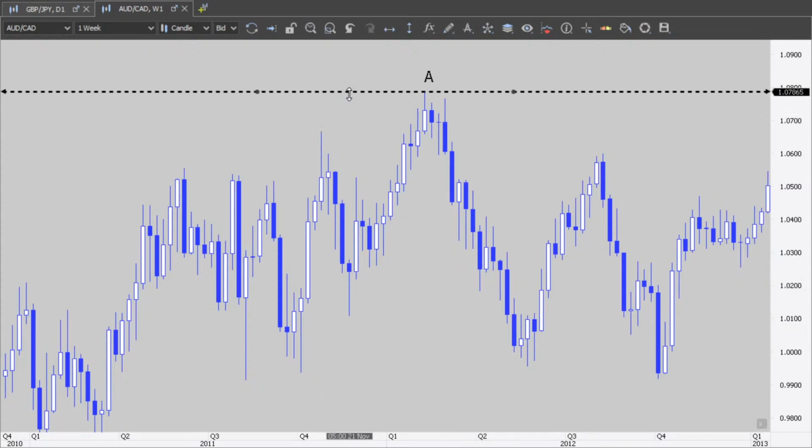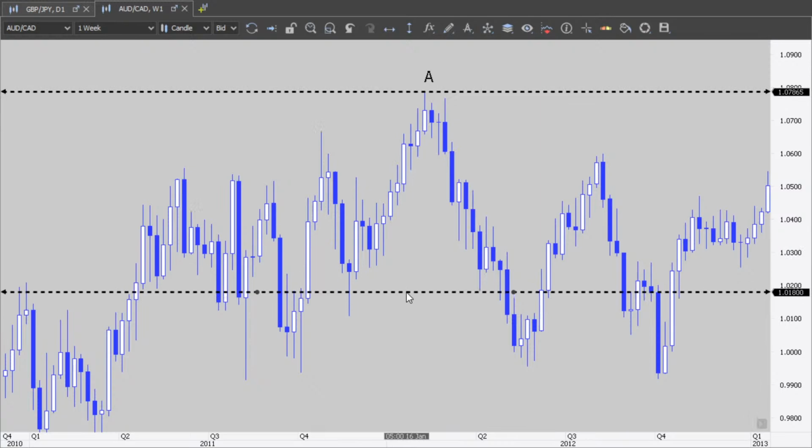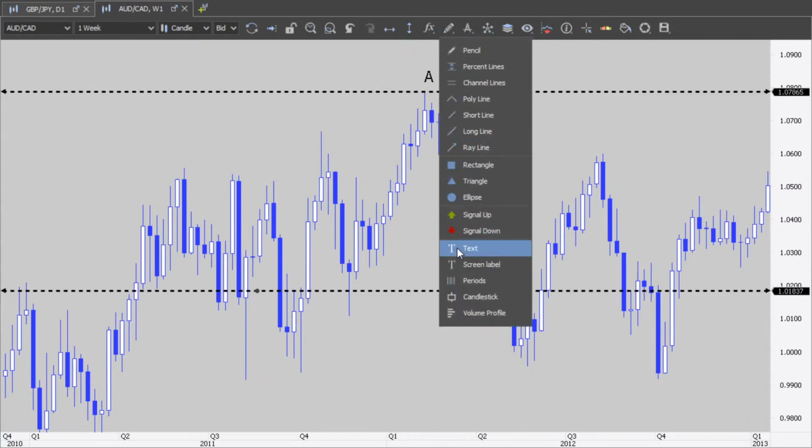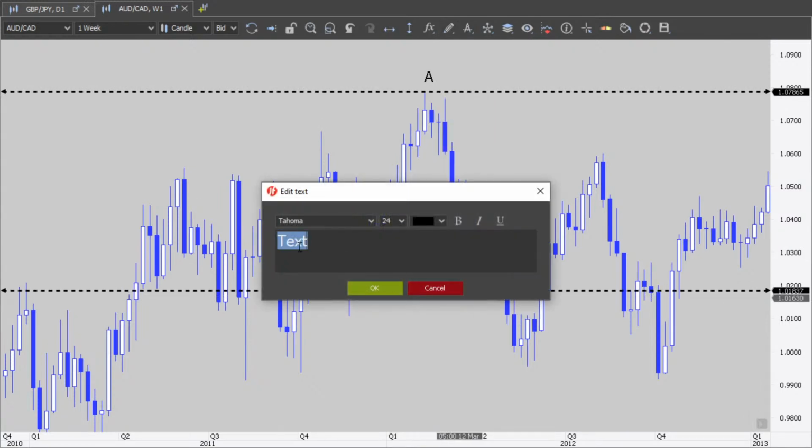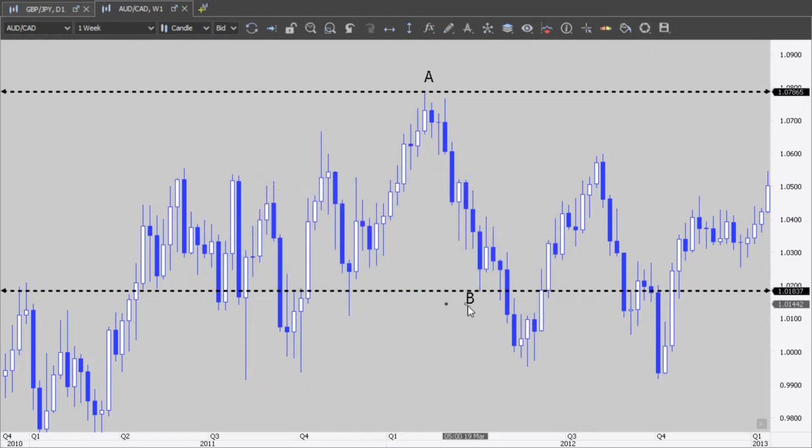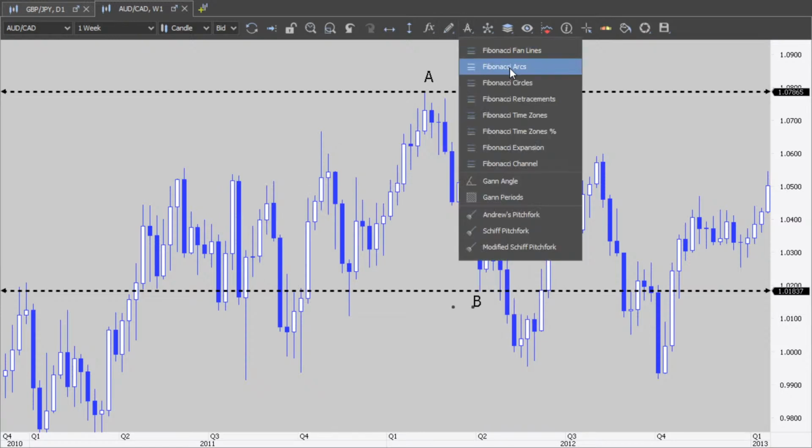Okay, everybody, so what we're going to do, we're going to clone and put it in here, and this is our B. There you go. This is our B. Now we are going to take the Fibonacci Retracement tool.